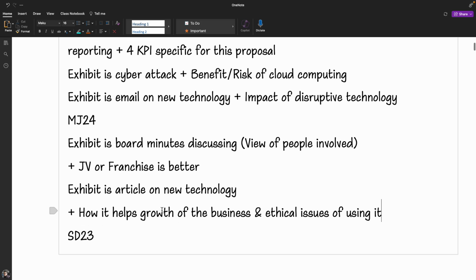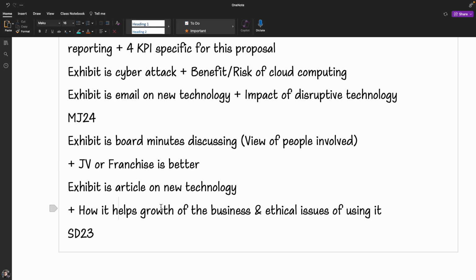So again, the article: how does it help growth? Okay, when you answer the question of growth, you must see where the company is currently trying to grow, which area they got problems in, and all that. So it is important for you to think about it when an article says how it helped the company, the question asks how it helps the company grow.